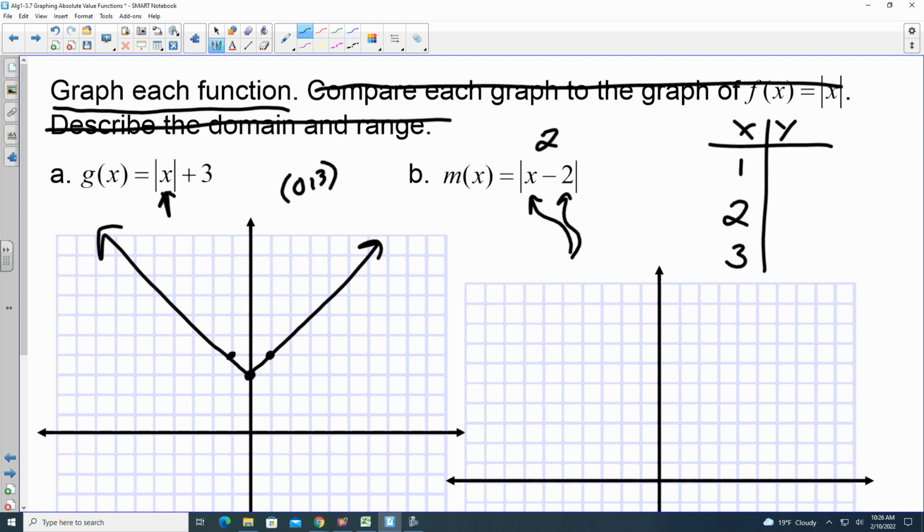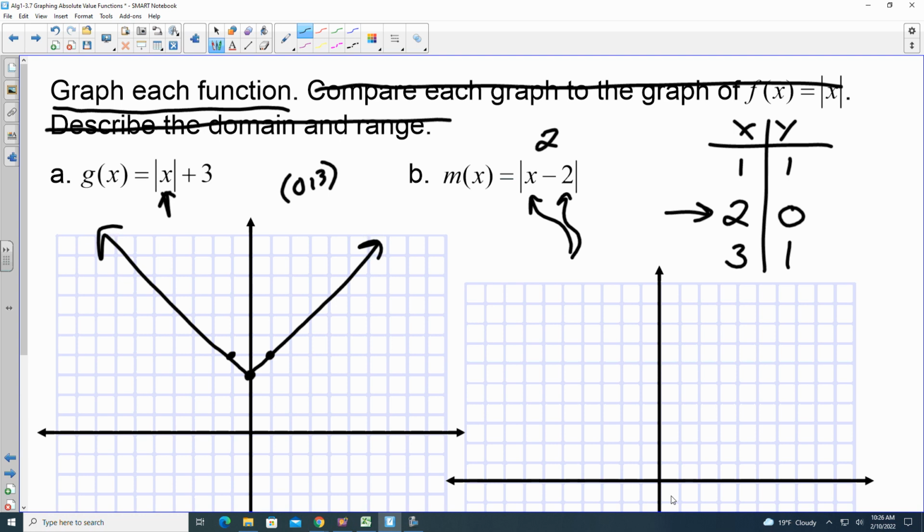More often than not, what makes the inside of the absolute value 0 is going to be the location of the vertex. So I am betting on where x is 2 is going to be the vertex, and then 2 minus 2 is 0, absolute value of 0 is 0. If I put 1 in here, 1 minus 2 is negative 1, absolute value of negative 1 is 1, so it's 1 comma 1. 3 minus 2 is 1, absolute value of 1 is 1.